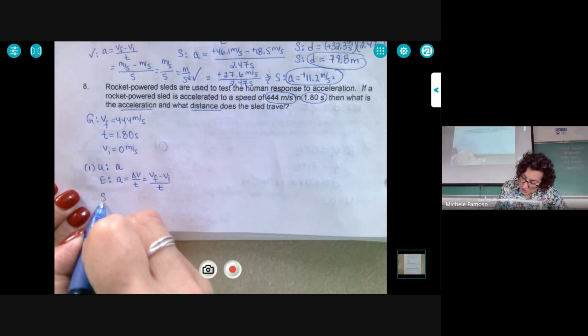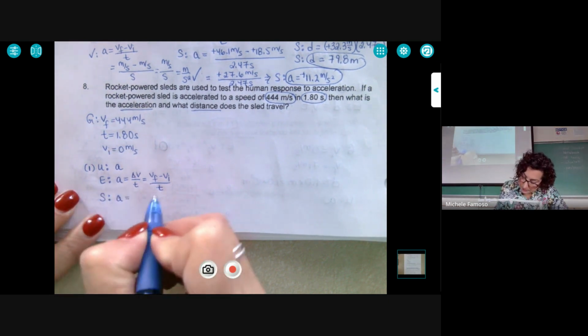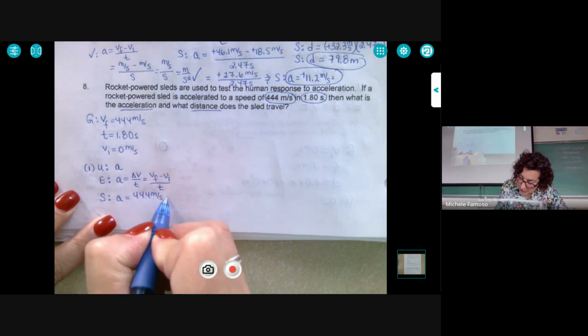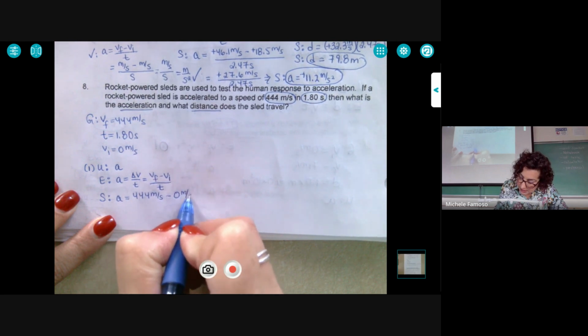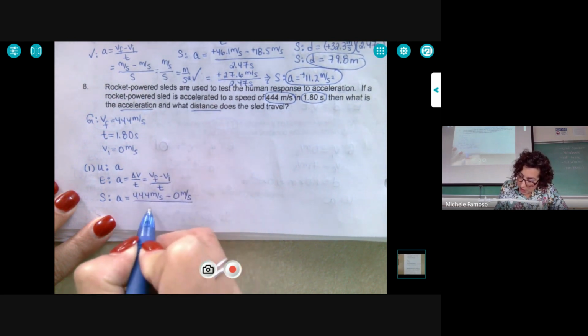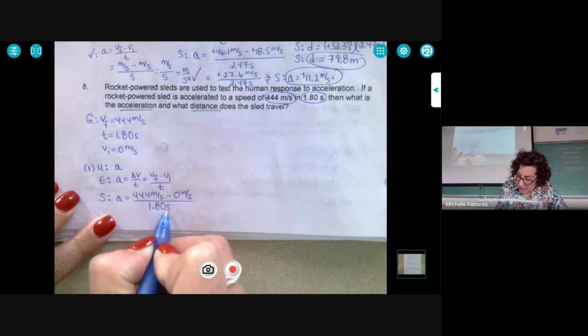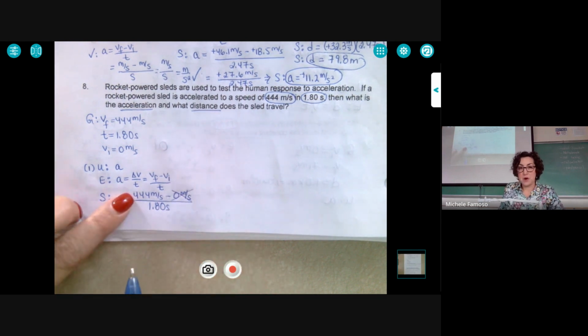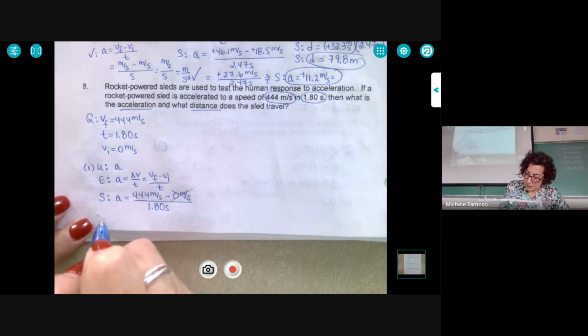So let's go ahead and do our substitution with units. So that is 444 meters per second minus 0 meters per second all over 1.80 seconds. Do you have to worry about subtracting the 0? No, so ignore it. Just do 444 divided by 1.80.